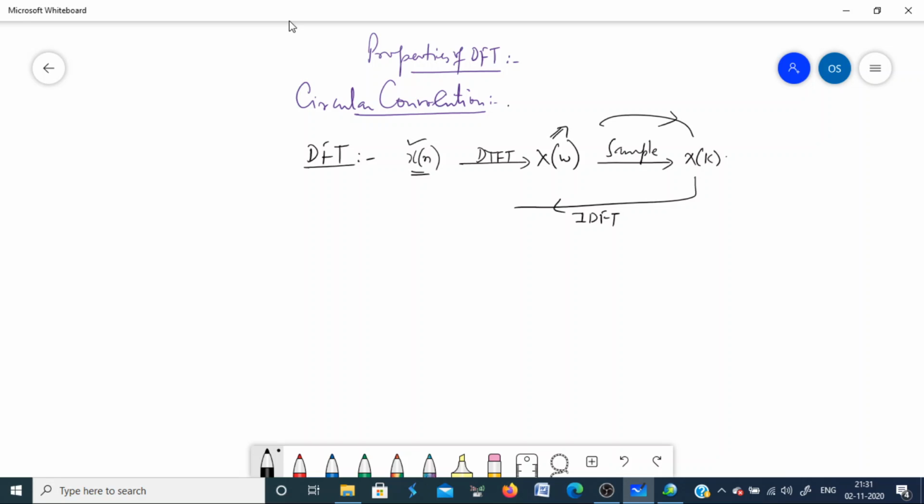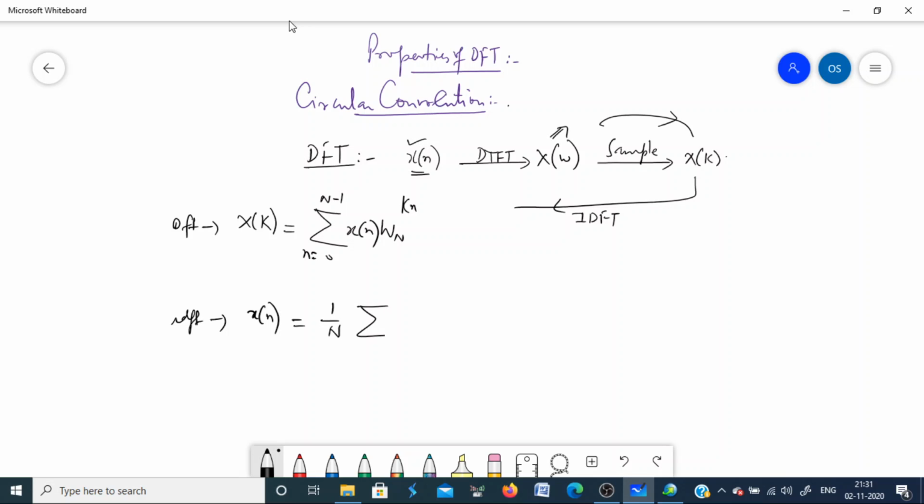So we have two equations, one for DFT, which was X[k] is equal to summation of x[n] W_N to the power kn, and the second equation for IDFT, which is 1 by N summation of X[k] W_N to the power minus kn, where k is from 0 to N minus 1.